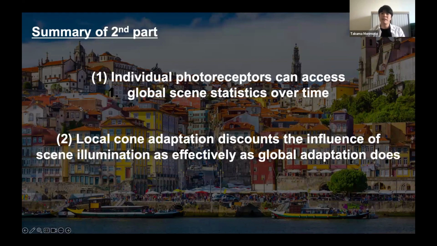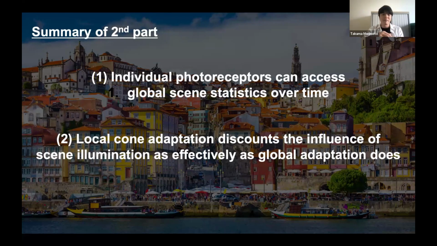Okay, I wanted to summarize the second part. In this part, we looked at the effectiveness of local cone adaptation to discount the influence of illumination, and how individual cones can sample global information over time. We found that eye movement seems to be an efficient strategy to standardize light exposure patterns on our retina. Of course, cones are just the very first stage of our visual system.